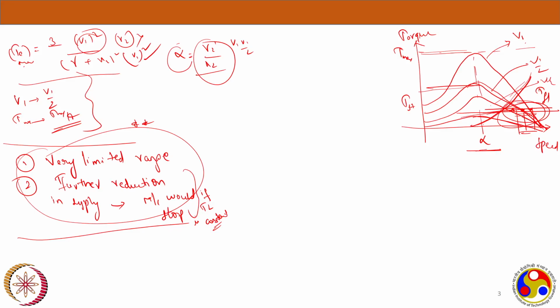We control the armature voltage, and we also control the field current, and we get smooth control of speed below and above rated speeds. I don't know how much you remember, because this is a concept from the electrical machines course, but it's a very important topic.